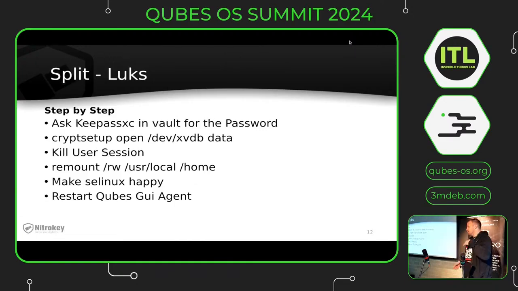So, as I mentioned, I had the setup also with this Nitro key, and then I was like, okay, that's all nice, but in my normal working setup I have a lot of qubes, which I regularly start and stop and start and stop for a lot of different reasons.